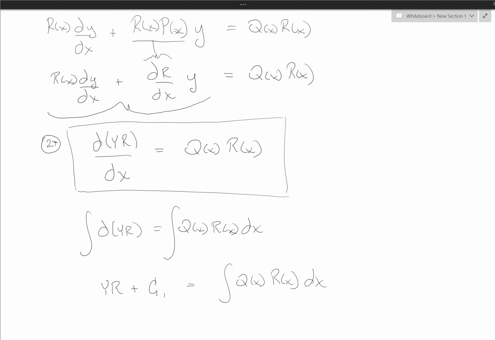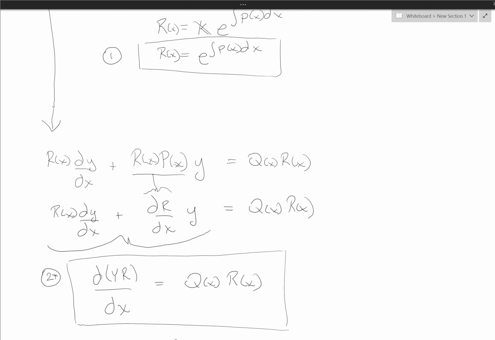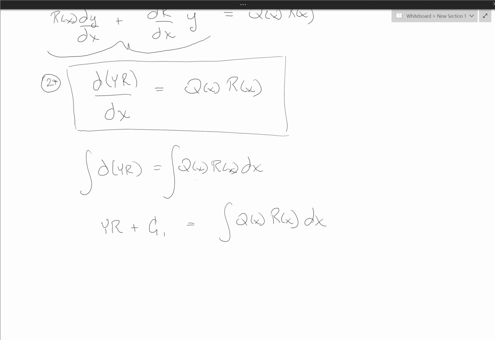So the r came from p, right? r came from p, and q is also part of your problem. So the whole right-hand side comes from the problem itself. What we could do is take this constant, bring it over to the other side of the equation, and then we have yr equals the integral of q(x) r(x) dx.